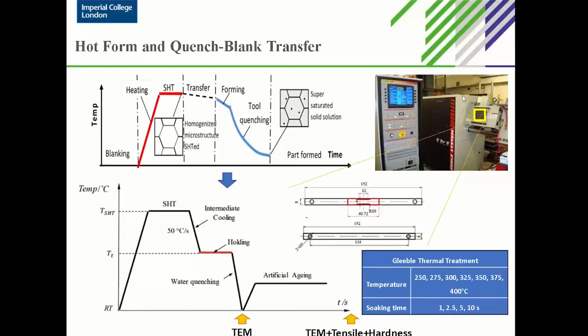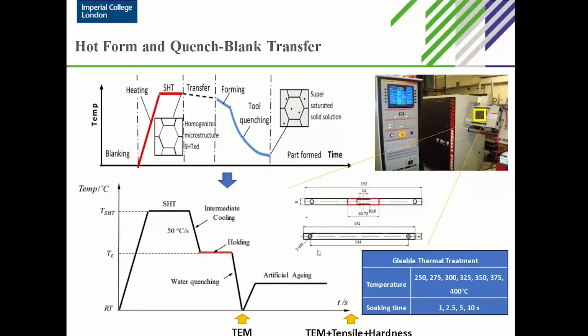Of course, the machine we used is Gleeble, and I think Gleeble is the machine to accurately simulate the whole process and give accurate control of the temperature profiles that we designed.